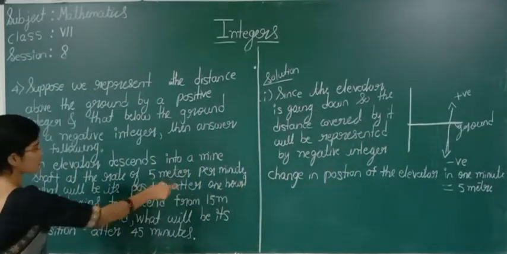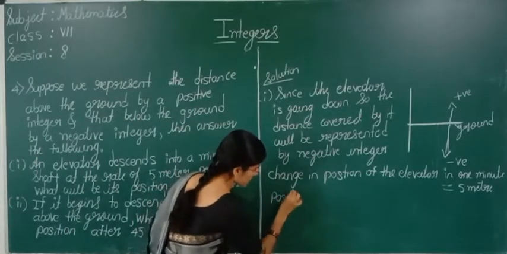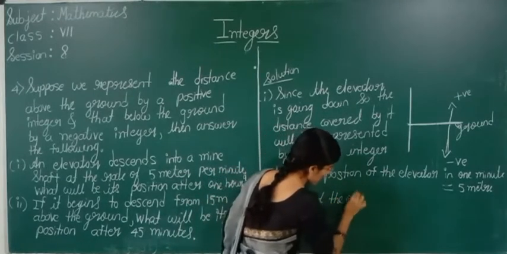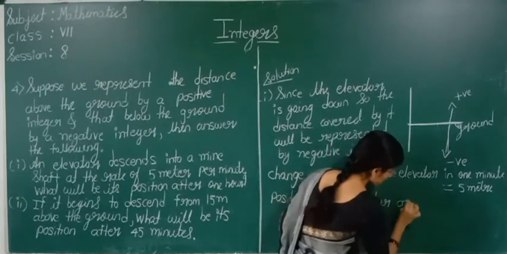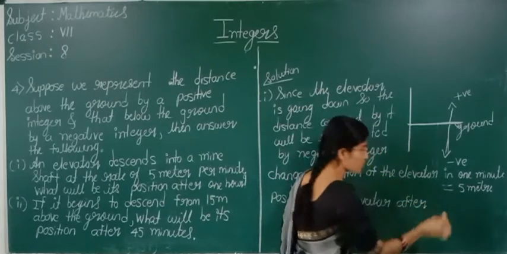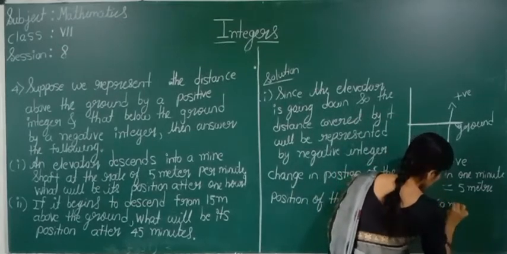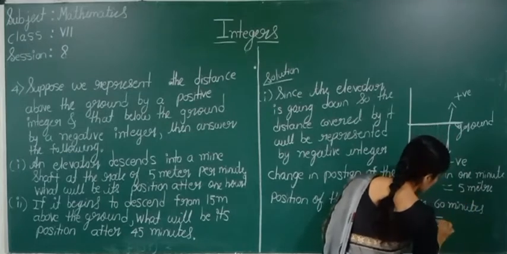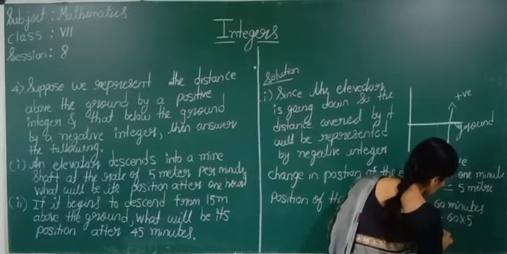What will be its position after 1 hour? Position of the elevator after 1 hour, which is equal to how many minutes? 60 minutes. After 60 minutes it is 60 into 5.